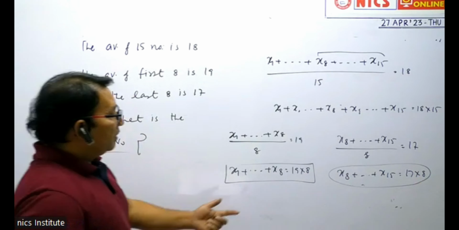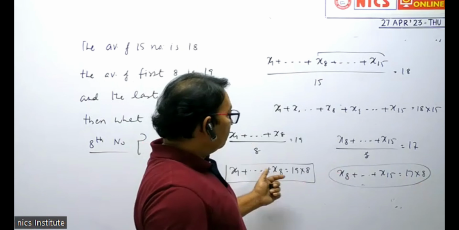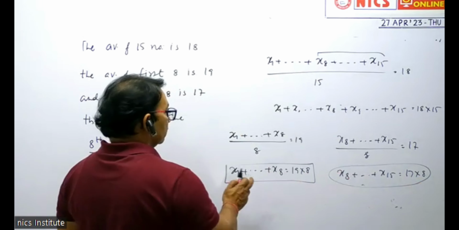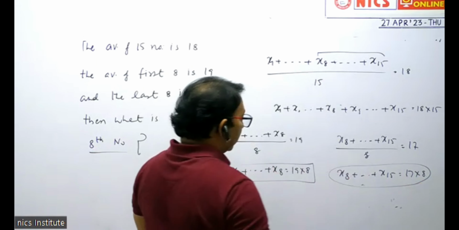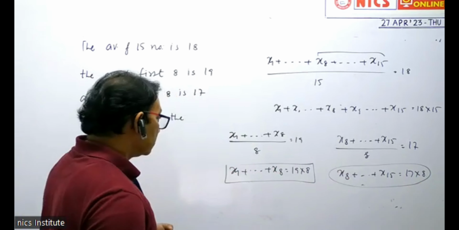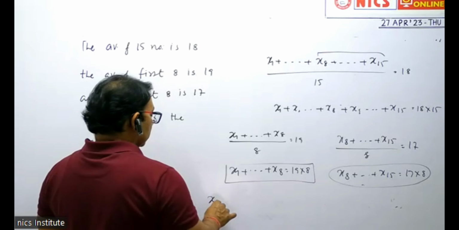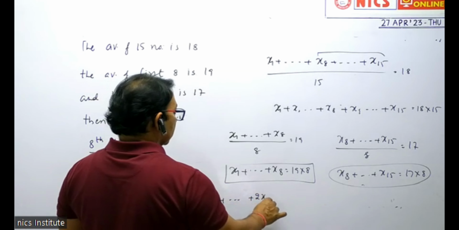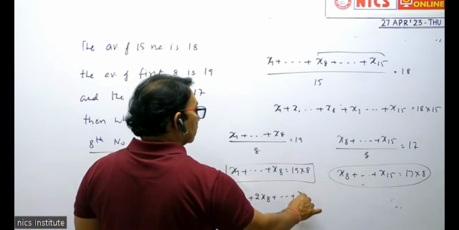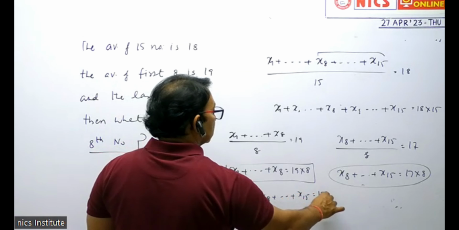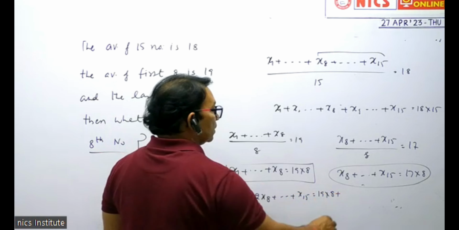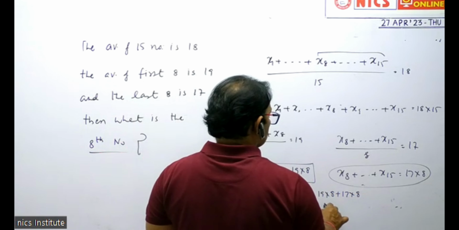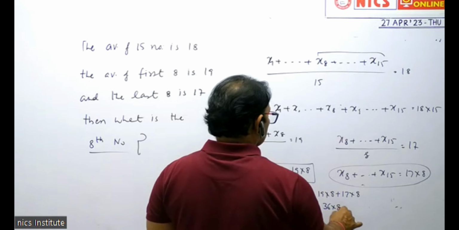If you add these two, x8 will be counted twice. So this is 19 into 8 plus 17 into 8, that is 36 into 8.